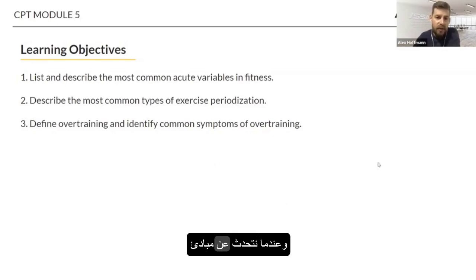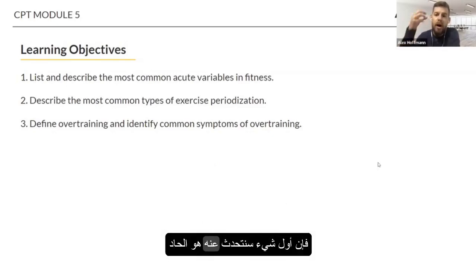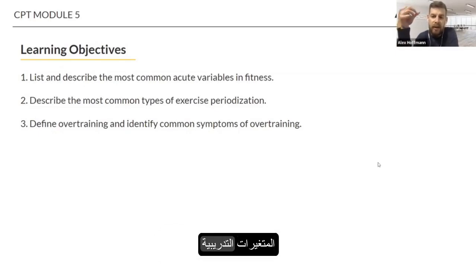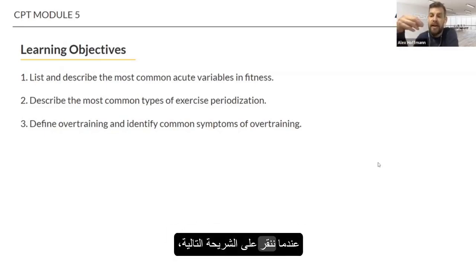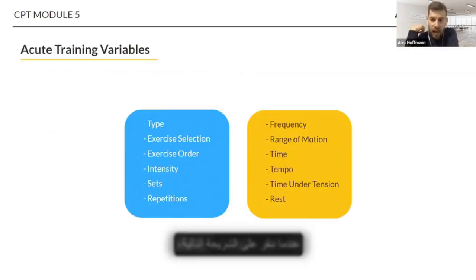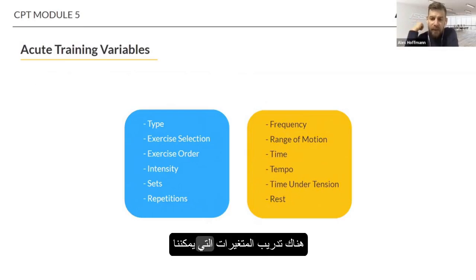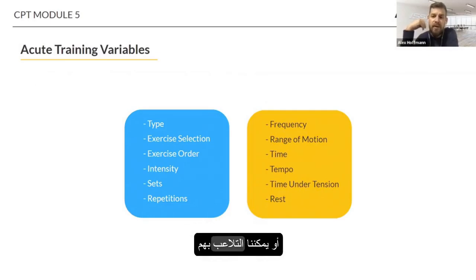When we're talking about the principles of program design, the first thing we're going to talk about are the acute training variables of program design. The acute training variables, as we click over to the next slide, are training variables that we can manipulate in every training session, or we can manipulate them from exercise to exercise.